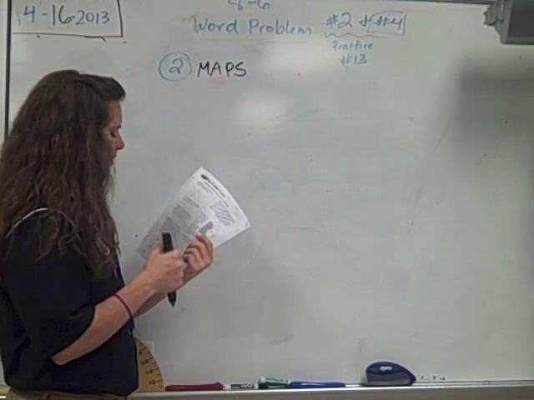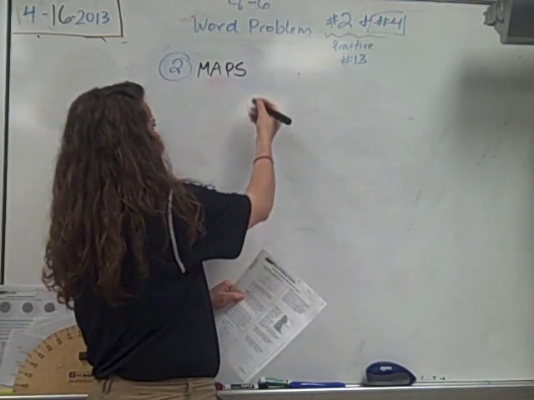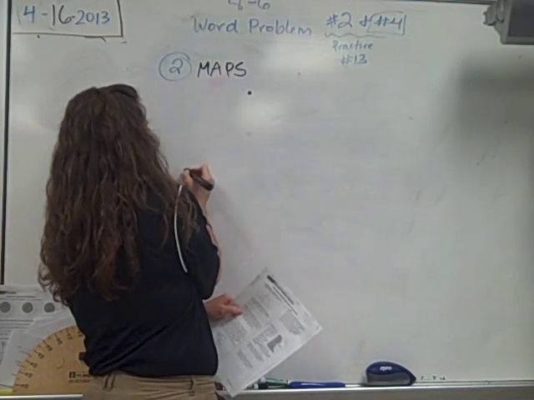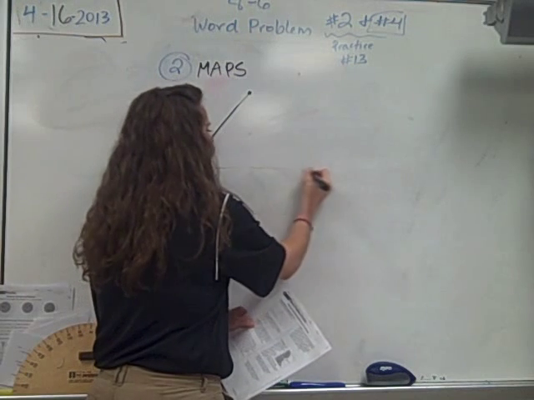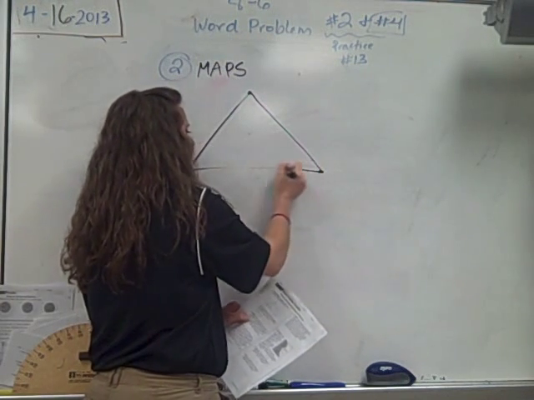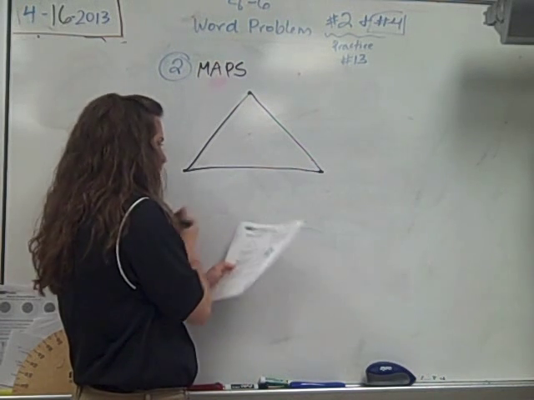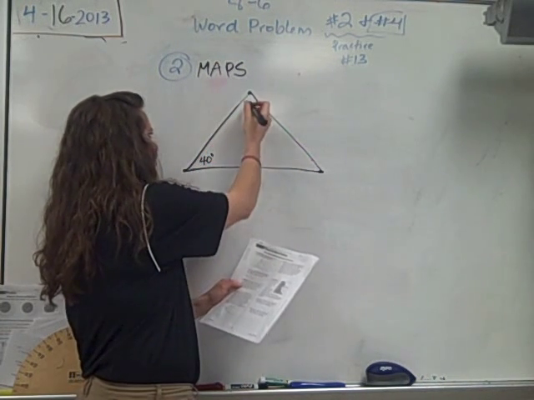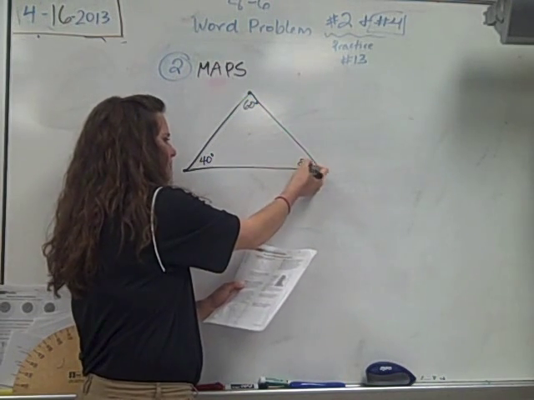3 cities form the vertices of a triangle. The angles of the triangle are 40, 60, and 80. So we have 3 vertices. That's just like 3 points. And these are 3 points on a map. The angles of the triangle that conjoins these 3 cities are 40, 60, and 80.